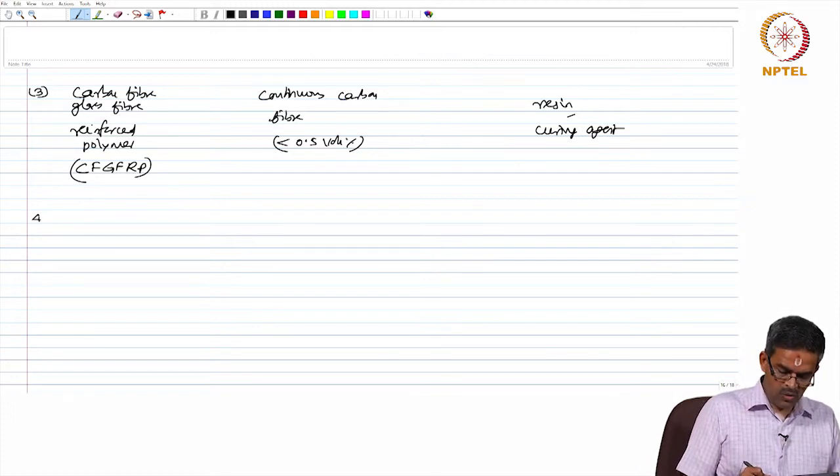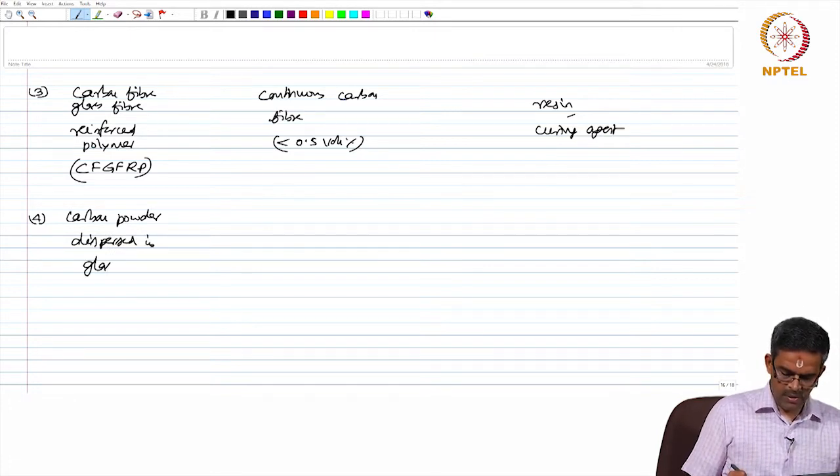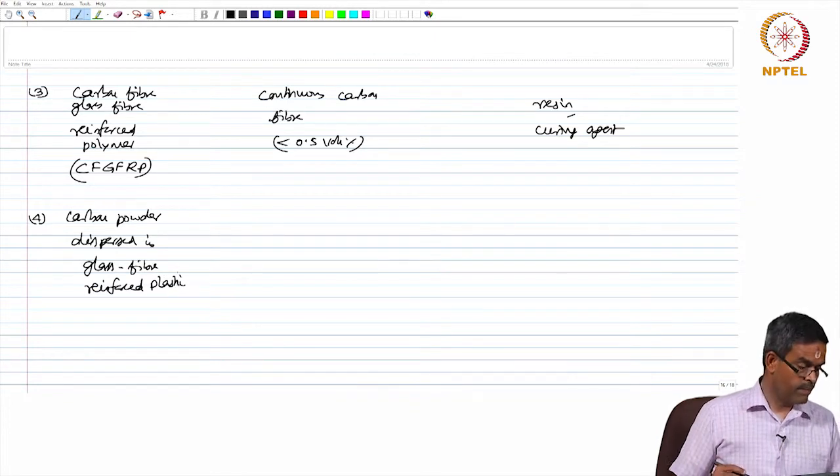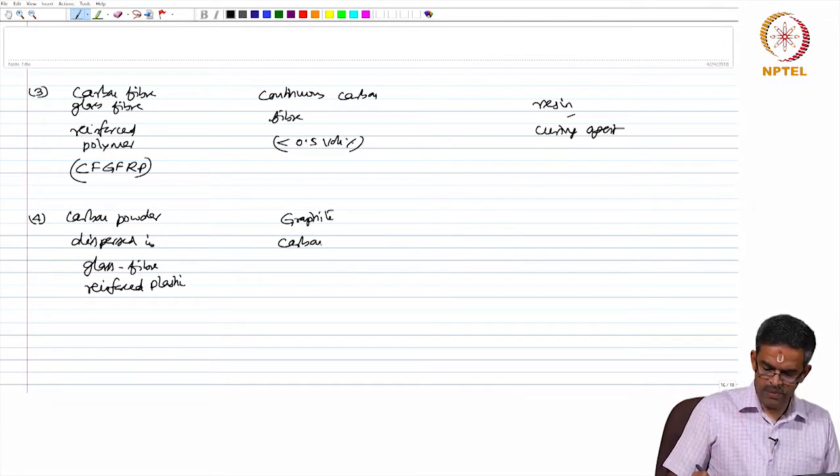The fourth one uses a carbon powder dispersed in glass fiber reinforced plastic. This has got a graphite carbon powder.